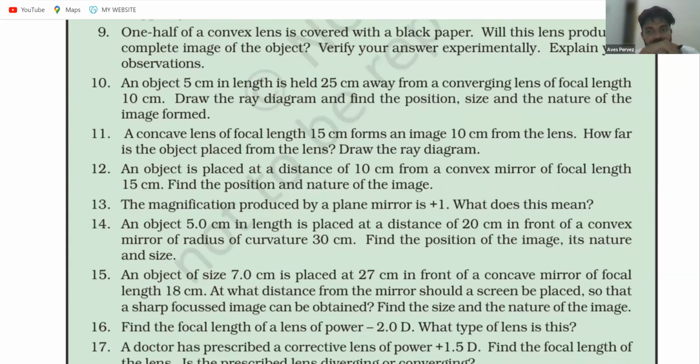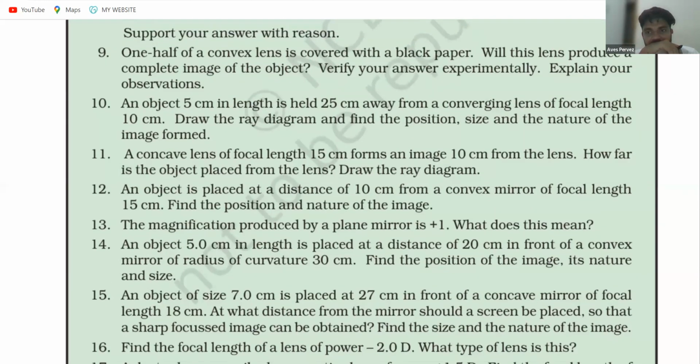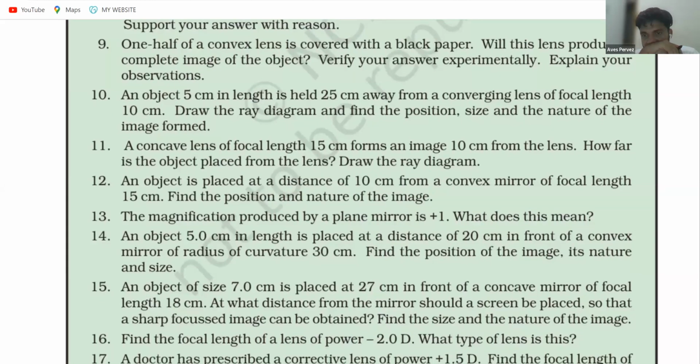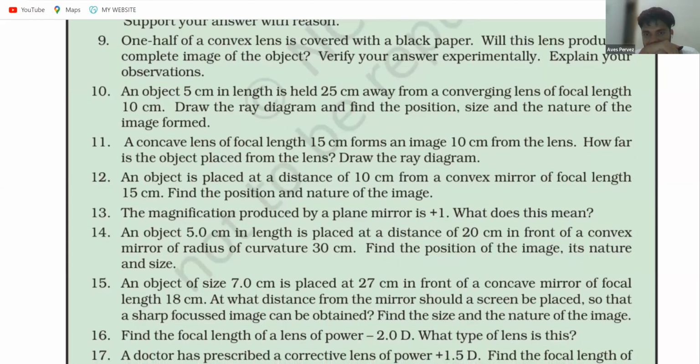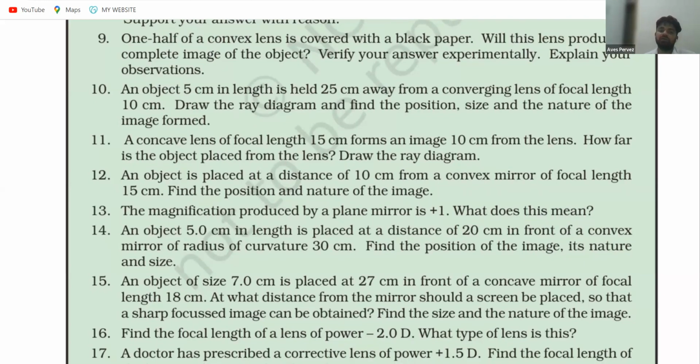Do question number 11. Sir, it's lens, concave lens. Question number 11, oh, it's nice. So do question number 15.